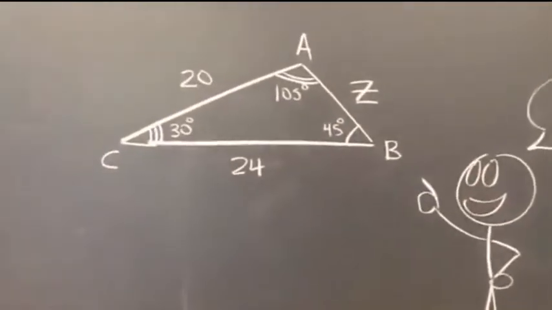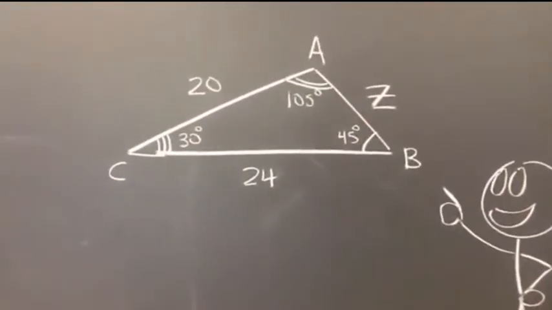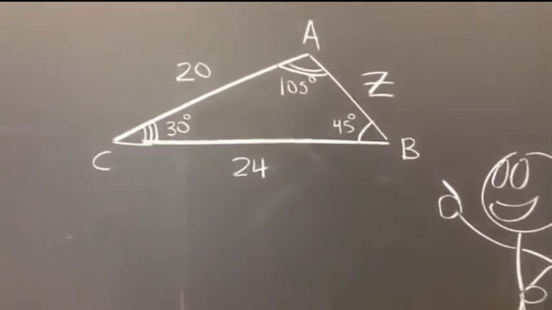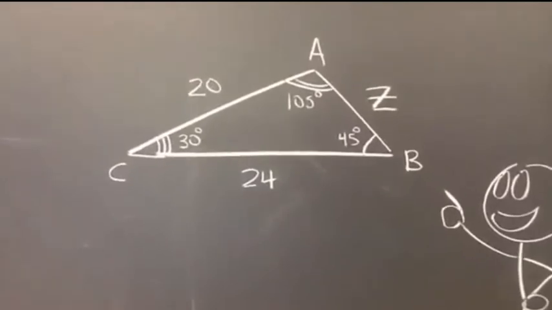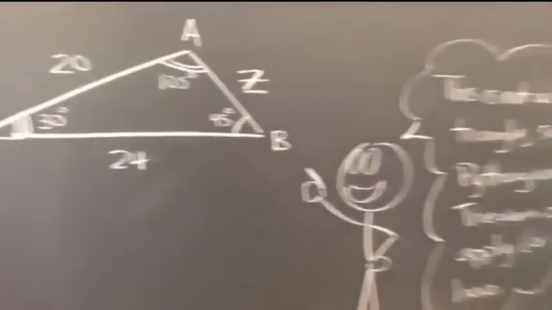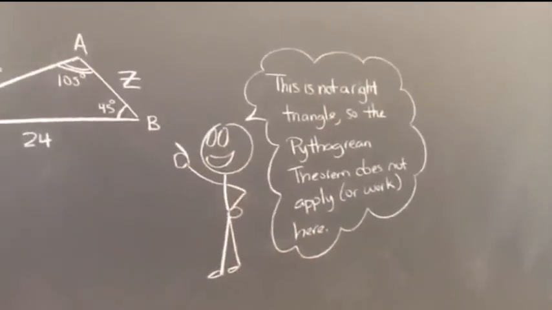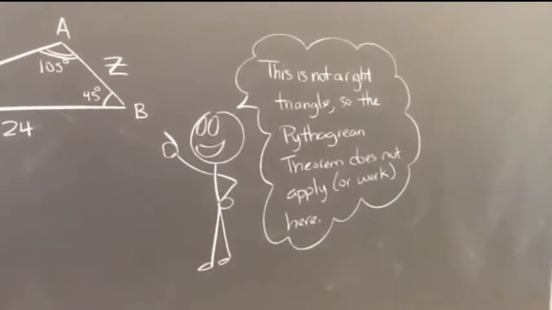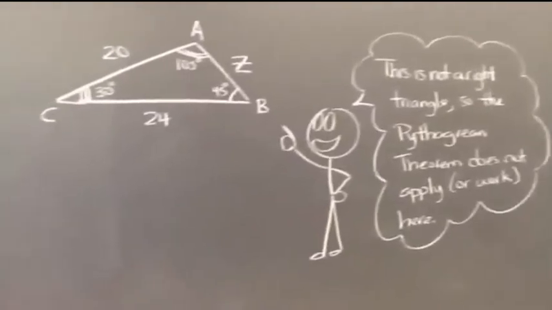Here's a triangle, ABC. I know 2 sides, and the third side, z, I don't. Can I use the Pythagorean theorem? This is not a right triangle. So the Pythagorean theorem does not apply. It just doesn't work.